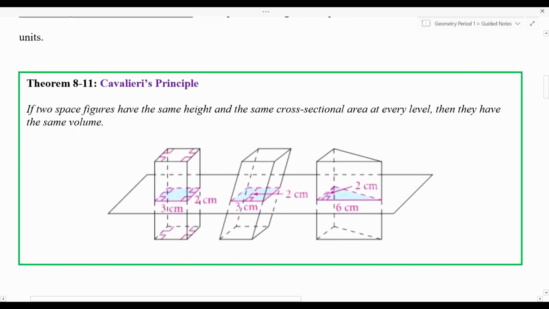So we're going to take a look at Cavalieri's principle, Theorem 8-11 here, which states if two space figures have the same height and the same cross-sectional area at every level, then they have the same volume.